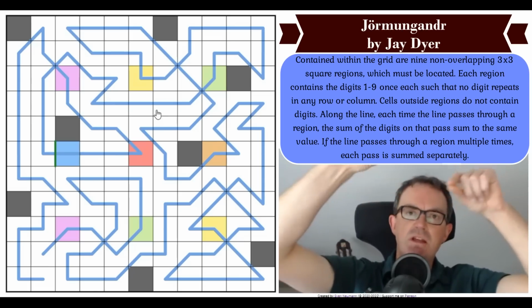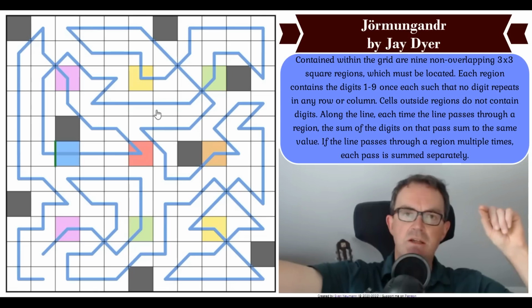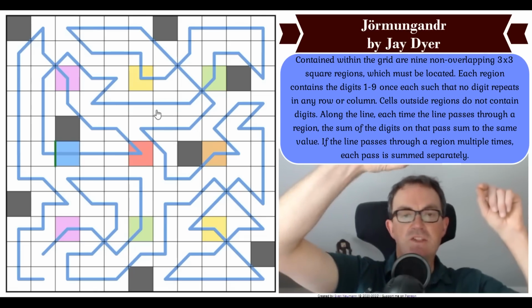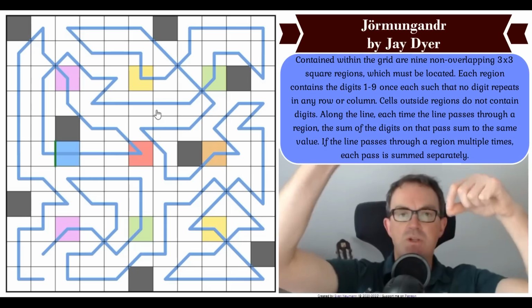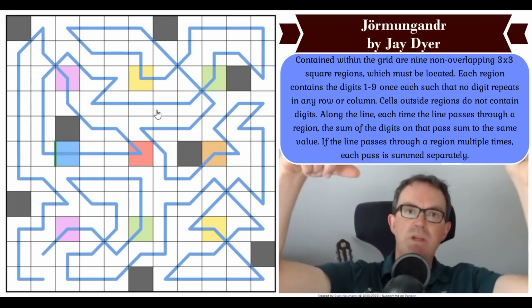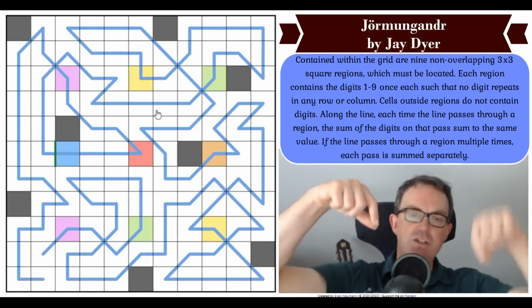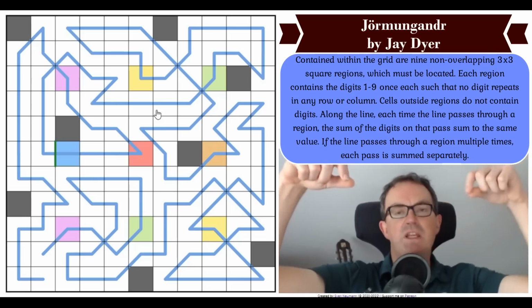It must enter it, pick up the 9, leave it again. Then it must enter it again at some stage, pick up a 1 and an 8 and leave it again. Then enter it, pick up a 2 and a 7, leave it again. Enter it, pick up a 3 and a 6, leave it again. Enter it, pick up a 4 and a 5, leave it again.